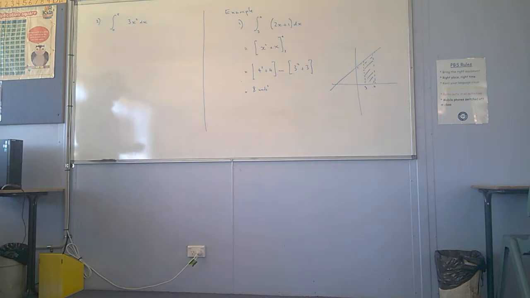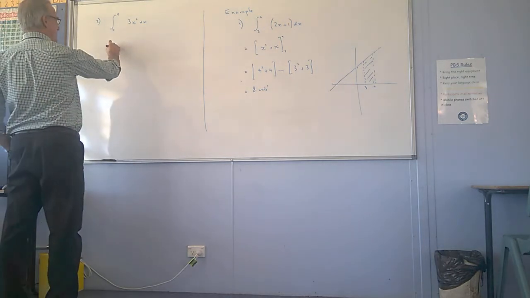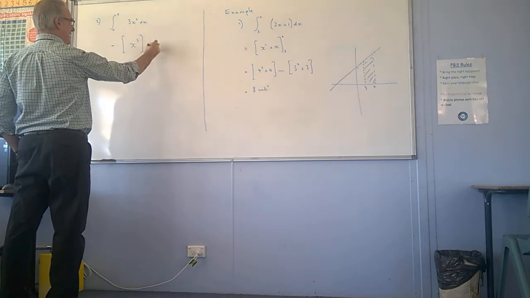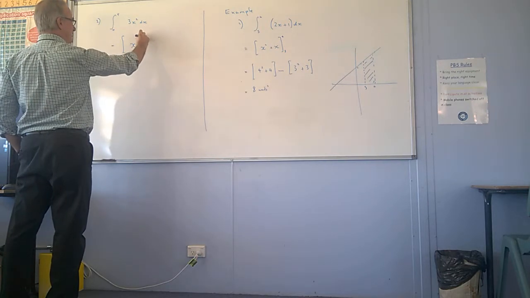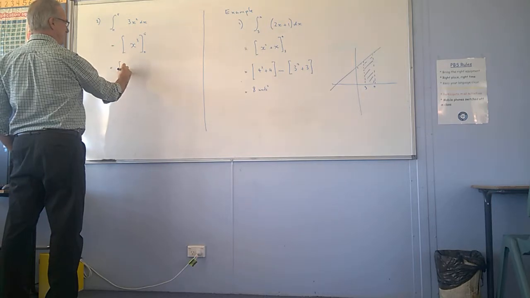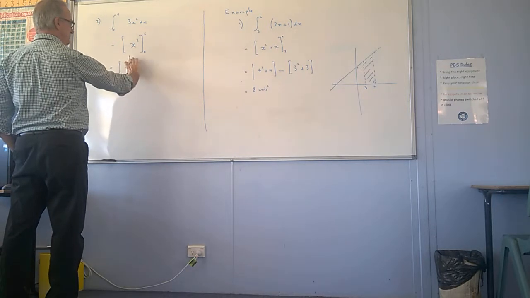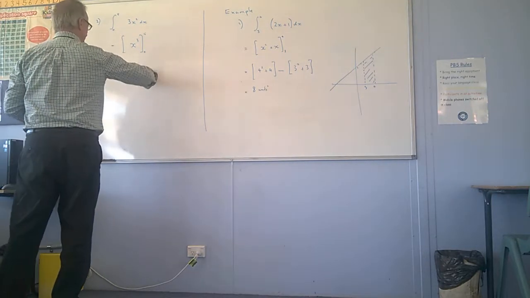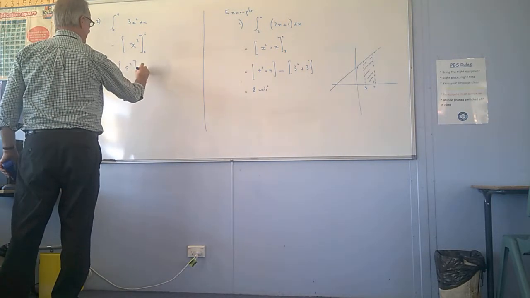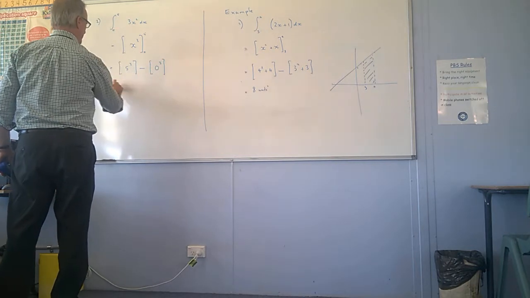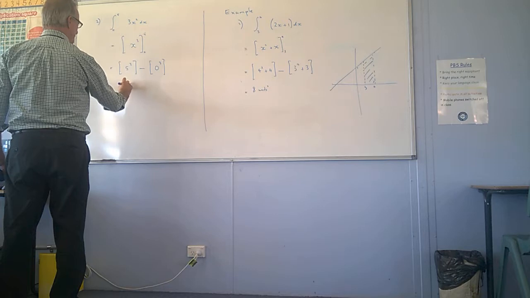Spot on. Good. So it'll be x cubed from 0 to 5. So that's going to be 5 cubed minus 0 cubed. Therefore, that is 125.